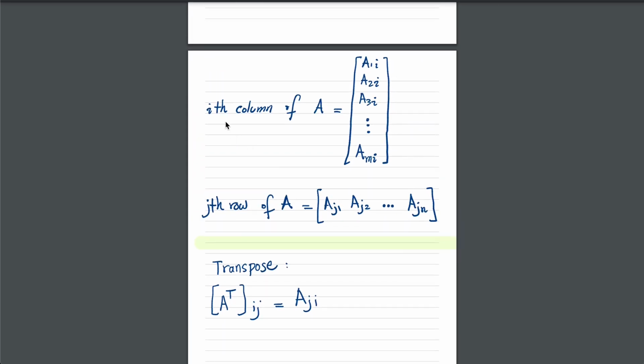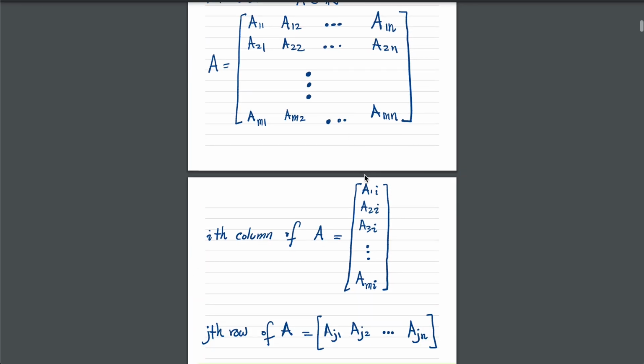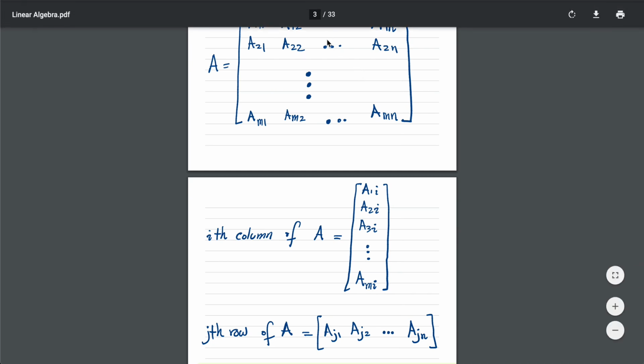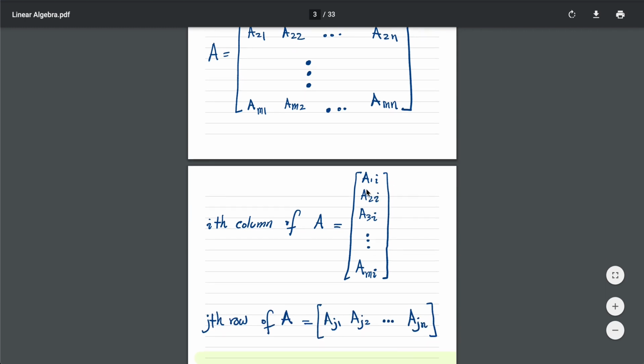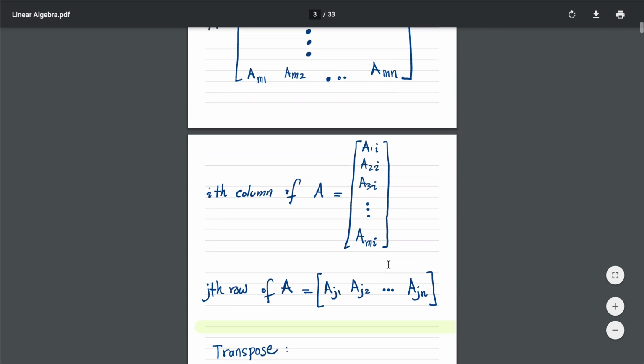So the ith column of A is a vector with m entries, because this matrix A is made out of m rows, and the ith column consists of A1i, A2i, A3i to Ami.